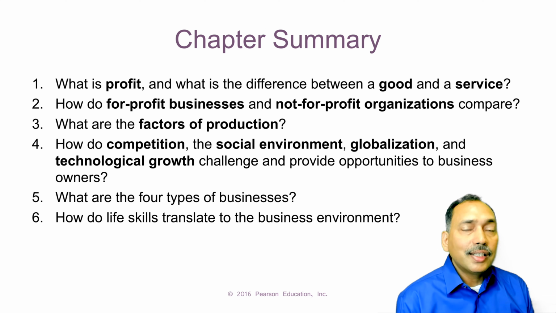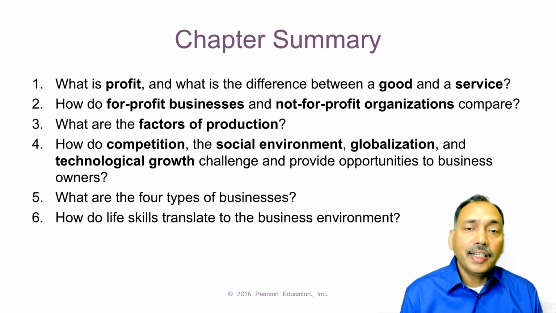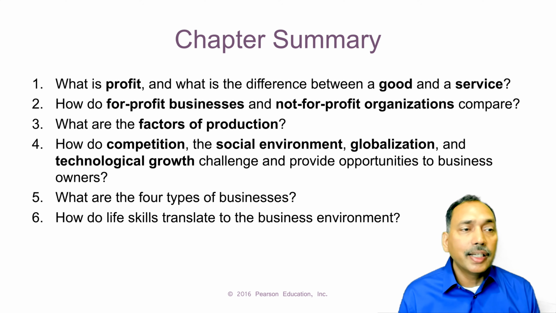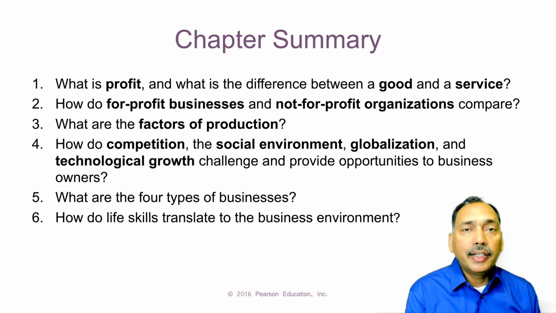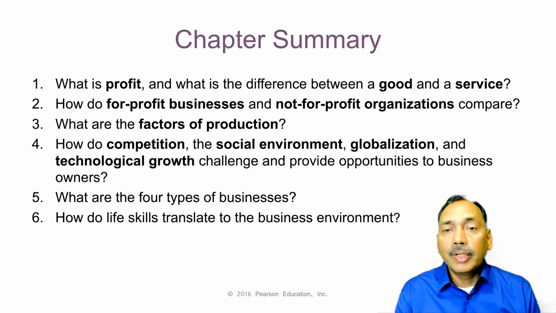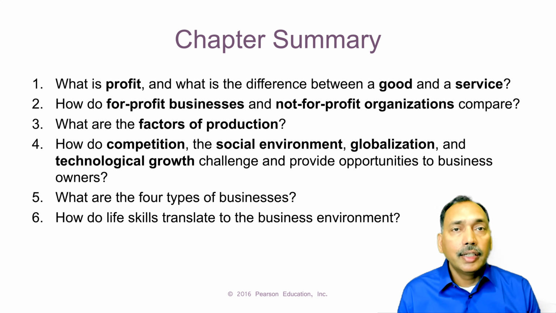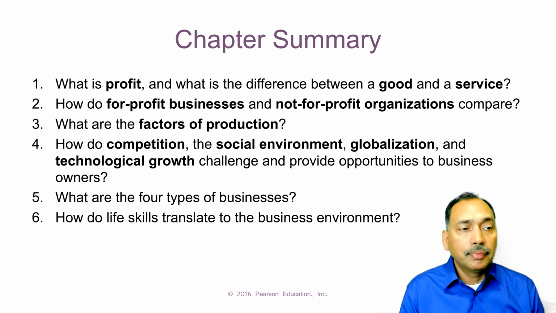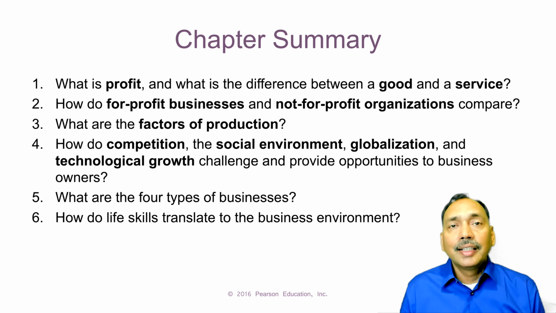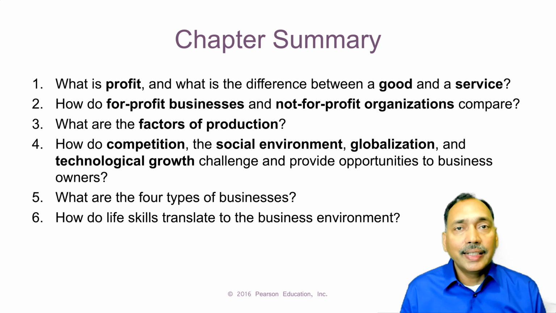So to summarize, in this chapter, we covered various business related concepts, very basic concepts, things like what is profit and what are the differences between goods and services, differences between for-profit and not-for-profit organizations. Then we also looked at various factors of production such as labor, capital, and so on.